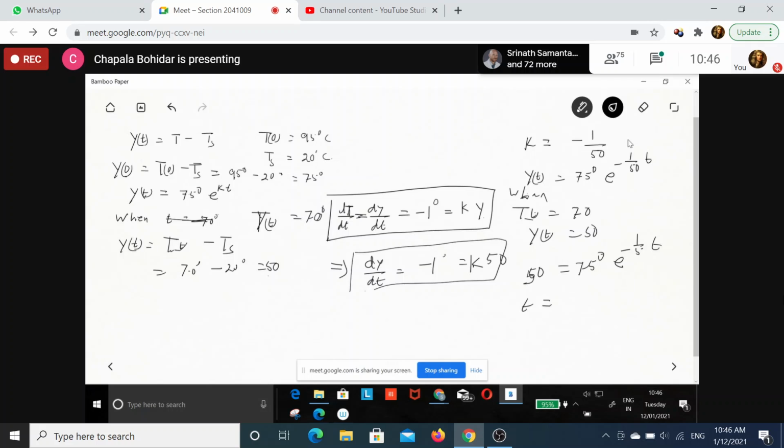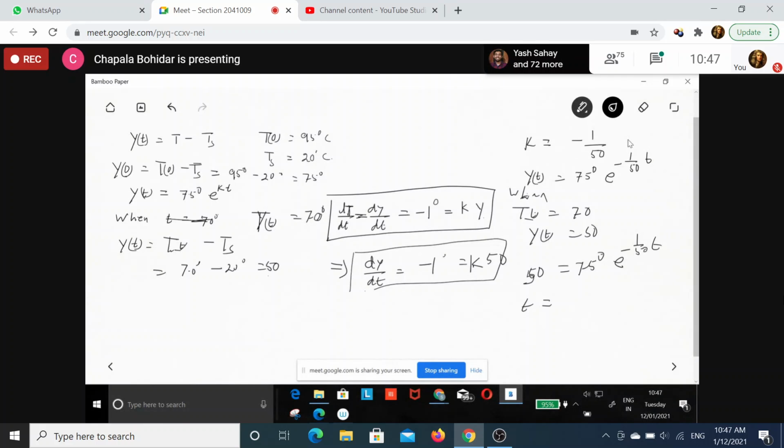So find out the value of t. What is the value of t?